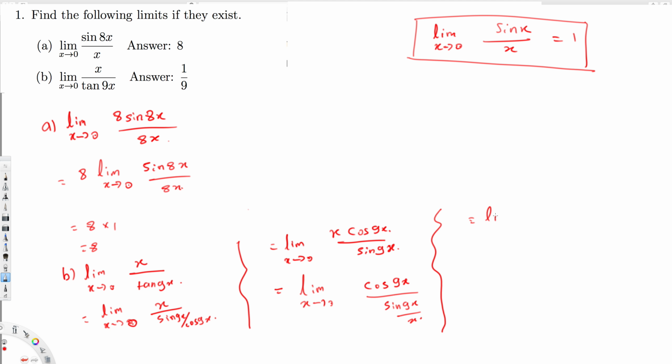The limit as x approaches 0 of cos 9x divided by 9 sin x over x. I multiply the bottom by 9, but if I multiply the top by 9 or this x by 9, it's the same thing, because this position and this position are the same thing.